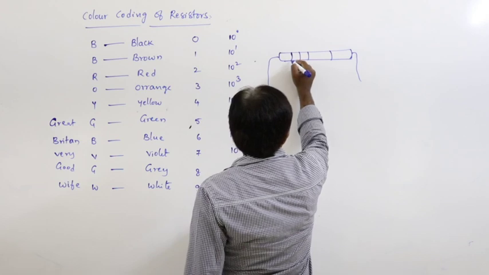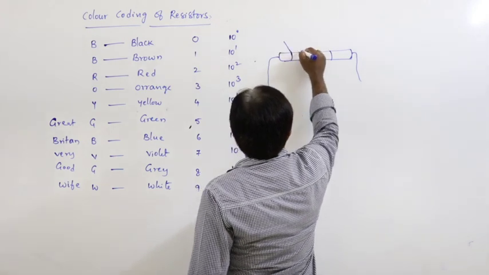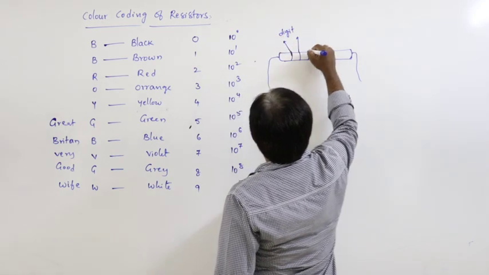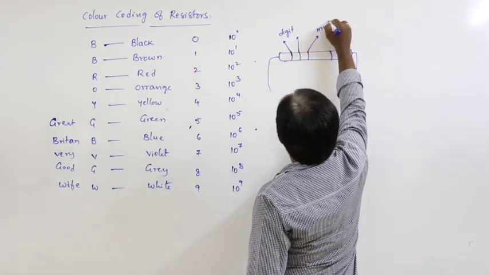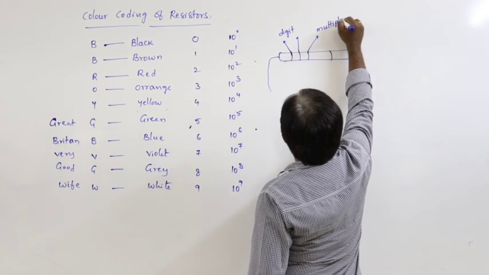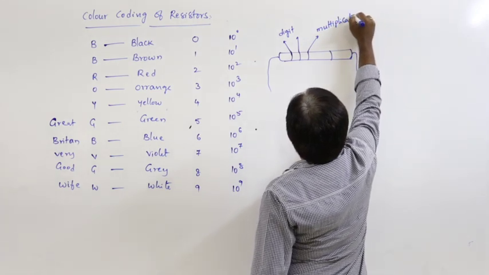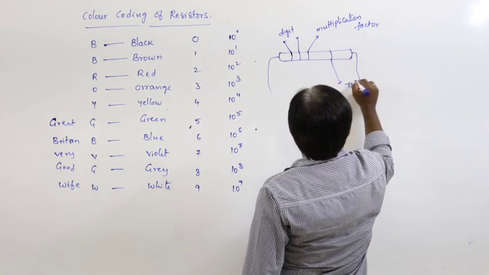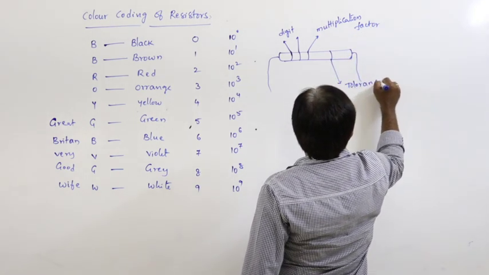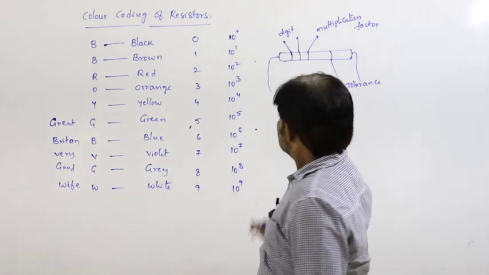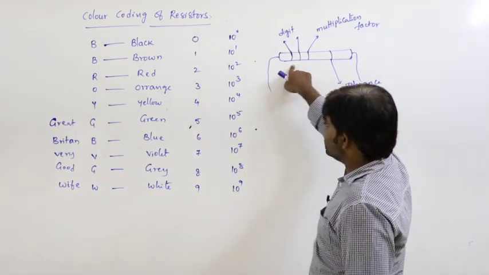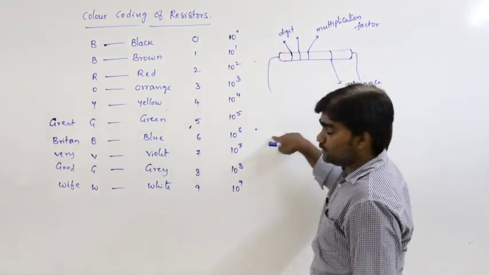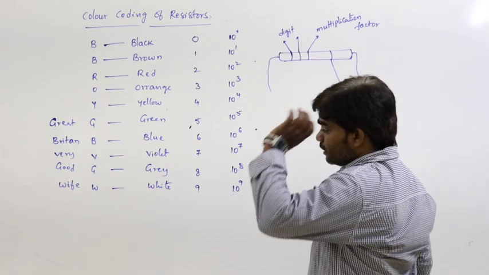So, for example, the first two colors indicate the digits, the third color indicates the multiplication factor, and the fourth color indicates the tolerance.